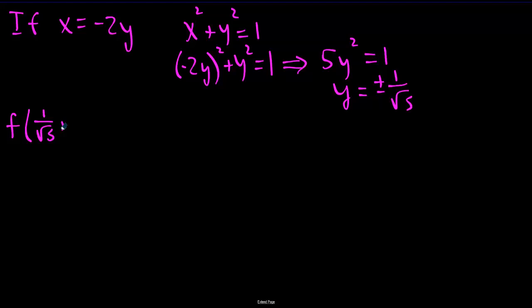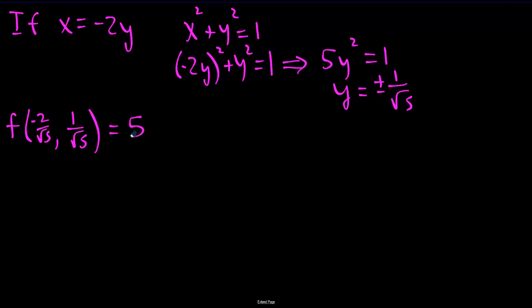Actually, let me, I was looking at the wrong thing. We've got y is 1 over the square root of 5, right? And then x is going to be negative 2 over the square root of 5. And if we plug that into our formula, we get 5.